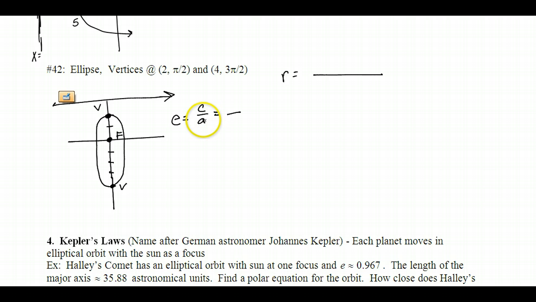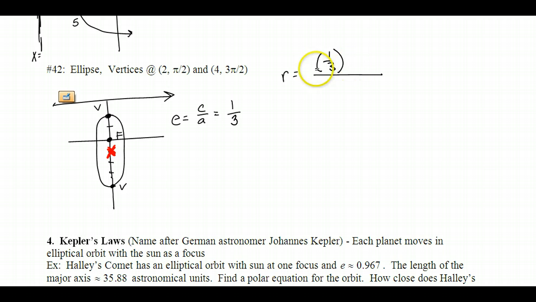A is the distance from your center to your vertex. So if we look at this situation, the length of our entire major axis is 6. So we know that our center will be right here. Therefore, c, the distance from your center to your foci, is going to be 1. And a, the distance from our center to our vertices, is going to be 3. So now we have our 1/3.